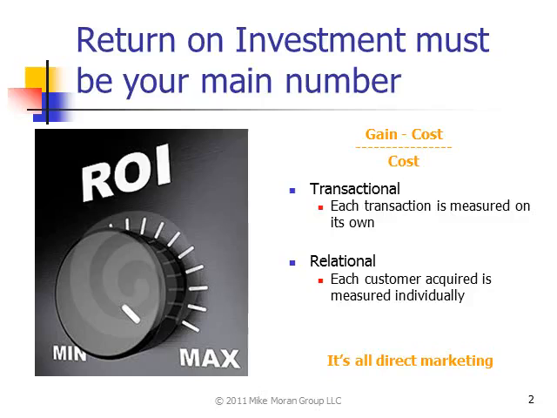So let's look at what return on investment is. At its simplest level, ROI is the gain that you achieve from some action minus the cost, divided by the cost.